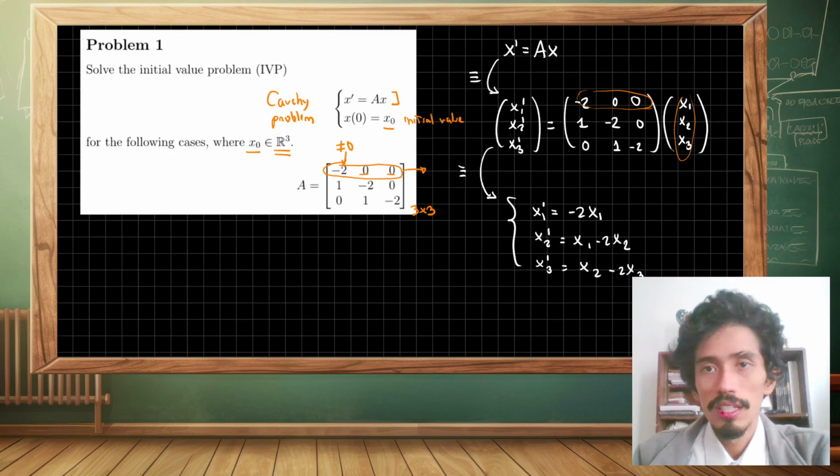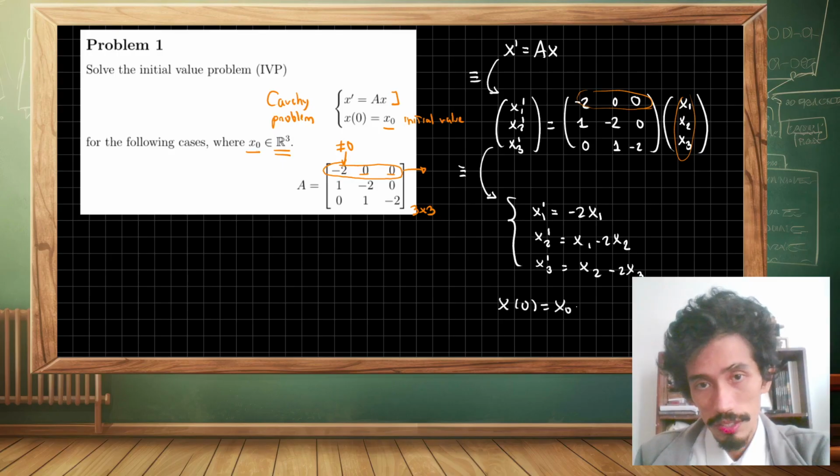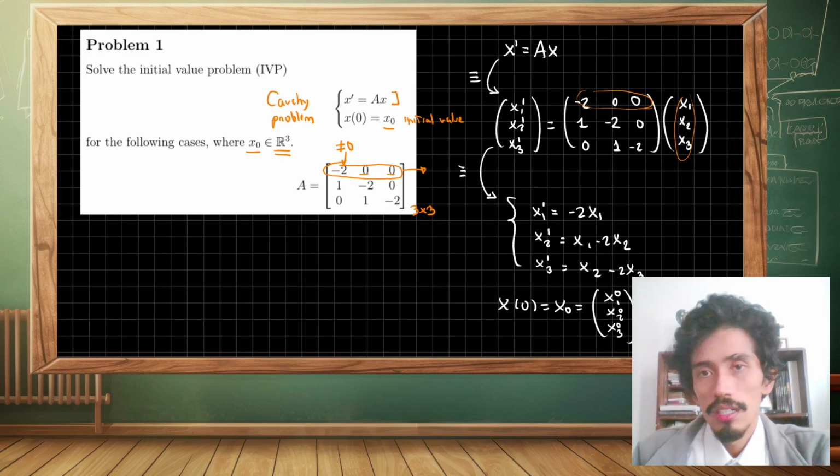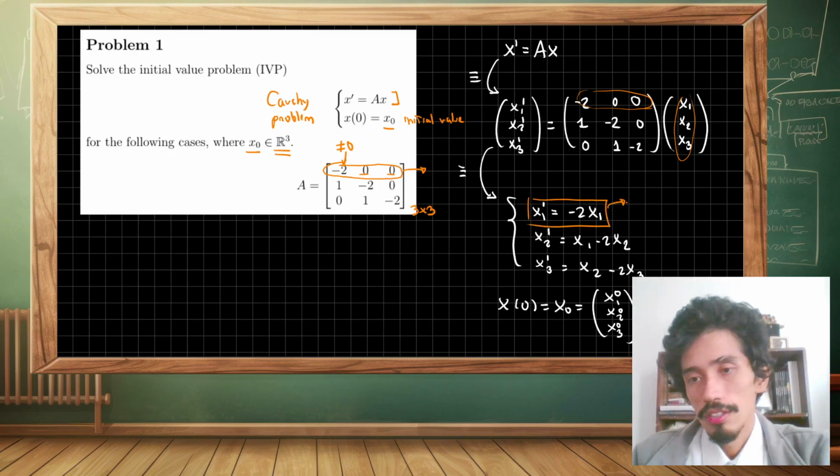Now, this, together with its initial condition, x0 equal to this vector. Alright, so this equation can be solved.